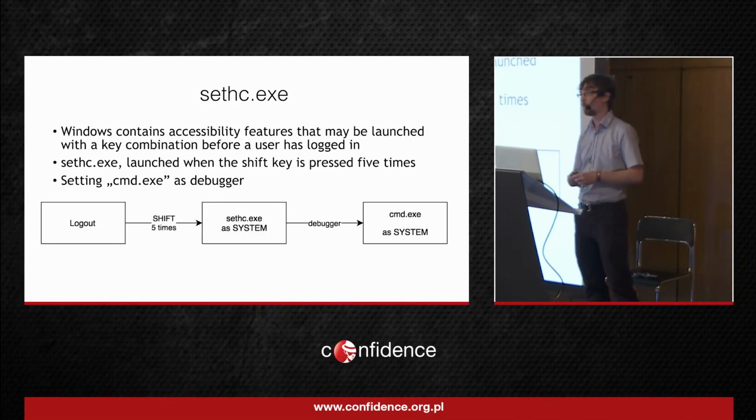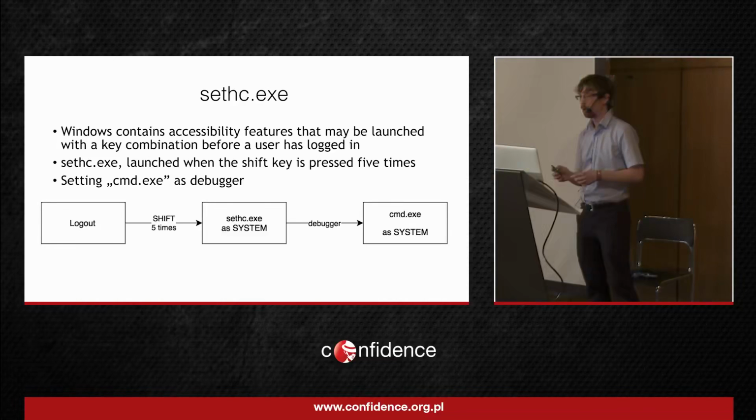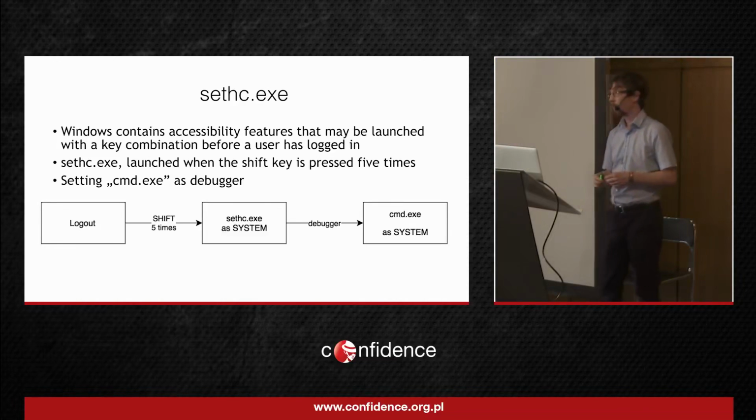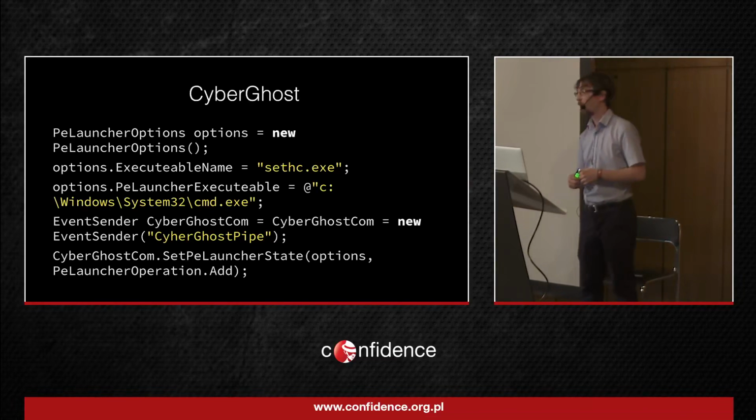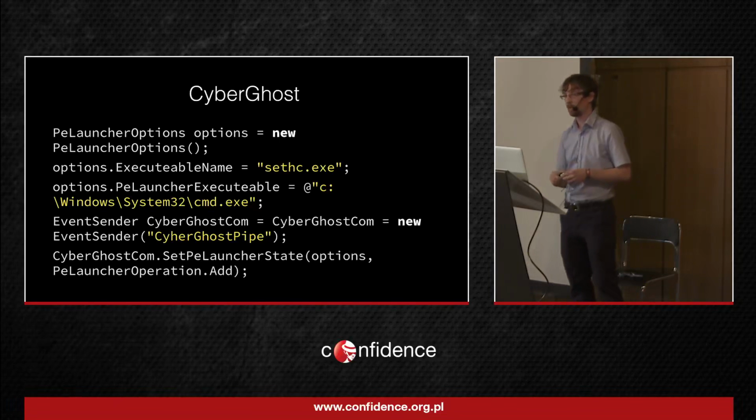That's the way we can exploit this. Using the third-party service, I set the command line as the debugger for sethc. After that, I log out and press the Shift key 5 times, and the command line with SYSTEM privileges appears.